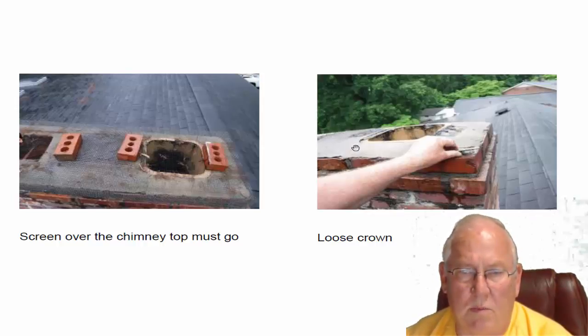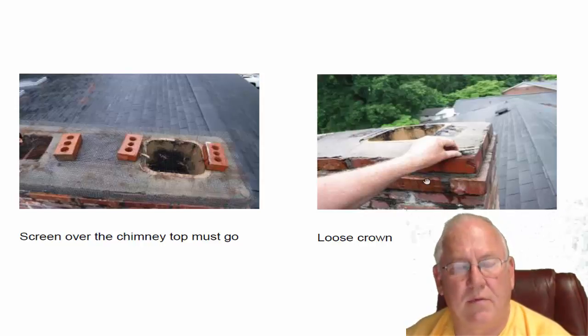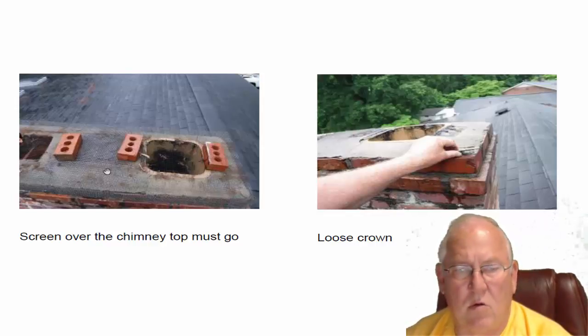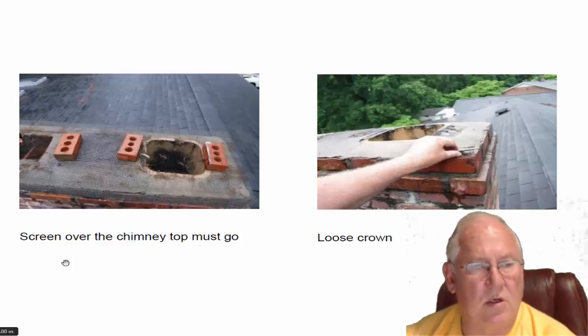And so repair the top and put a good sealer on this, and that will help prolong the life of your chimney. Screen. Remember, the screen's got to go. Chimney caps are always a good idea, but they're not code required. I gave you some prices on doing that though, if that's something that you're interested in doing.